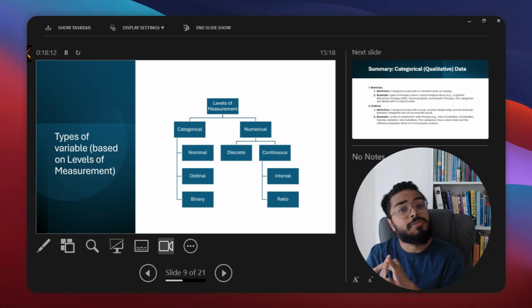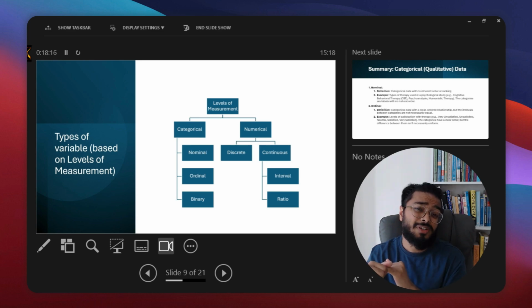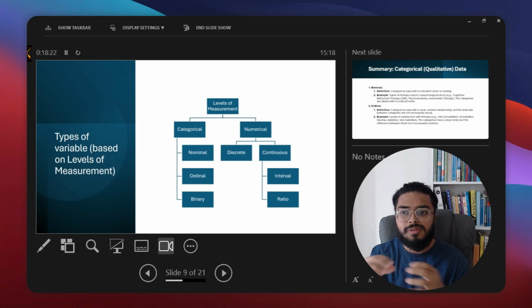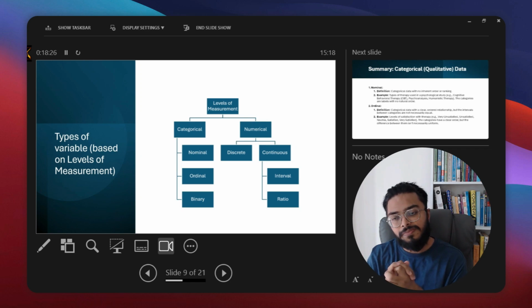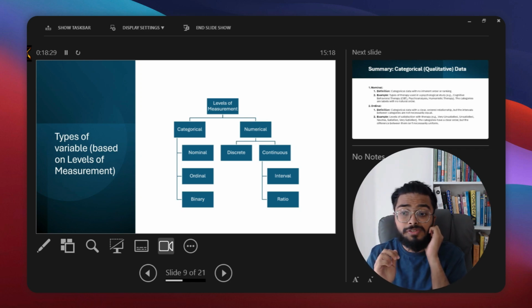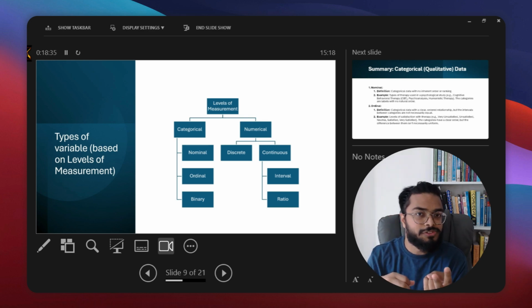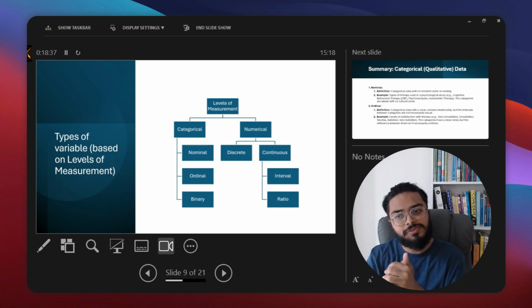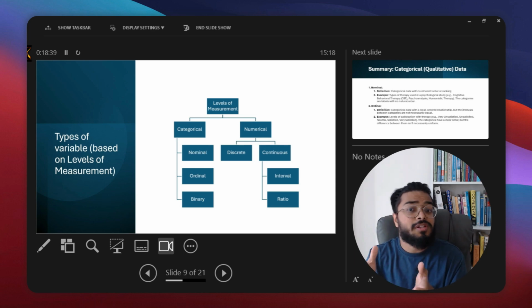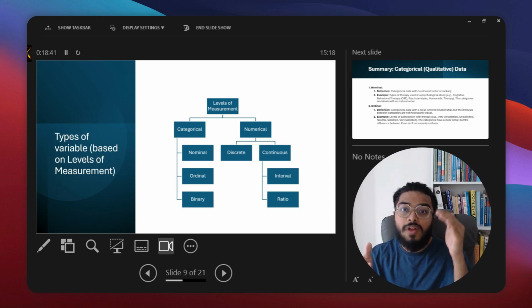For example, one would be the nominal variable. A nominal variable could be names, like cats, dogs, Anna, Chandril. It could be anything like that. Then there's binary, usually yes or no, true or false, those kinds of variables. Then there are ordinal variables, which are rank order.